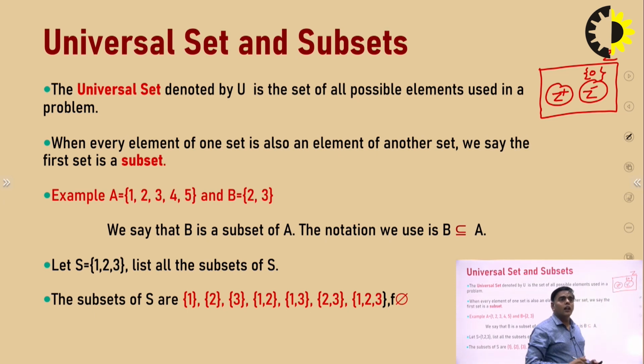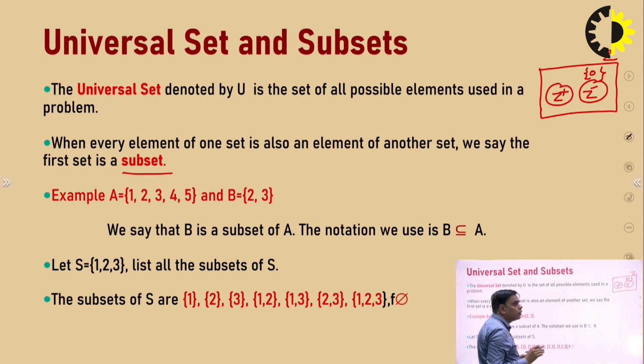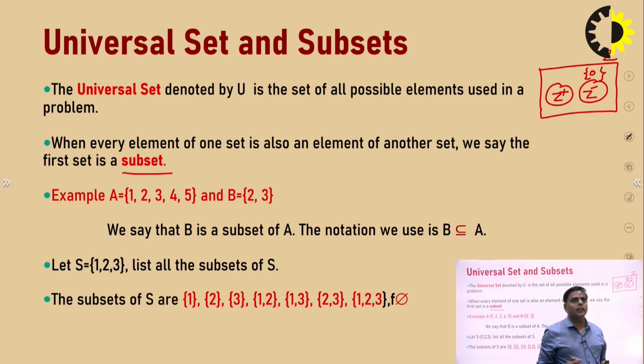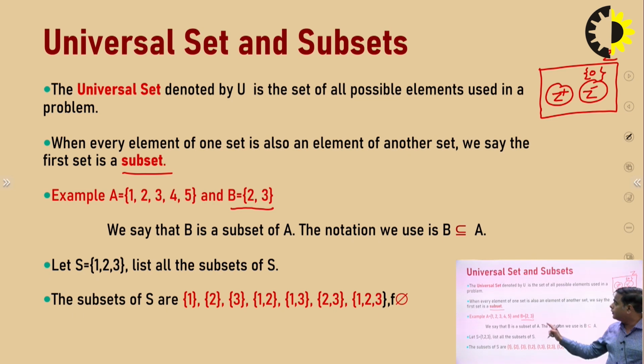The second is subset. What is a subset? Suppose we have two sets, set A and set B. The definition of subset is: if each and every element of one set, in this case set B, belongs to the other set A, then it is called a subset.